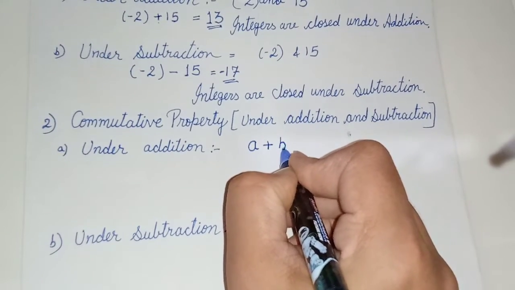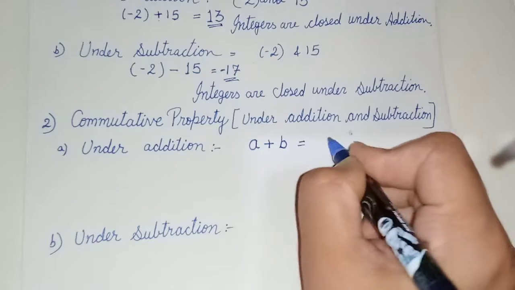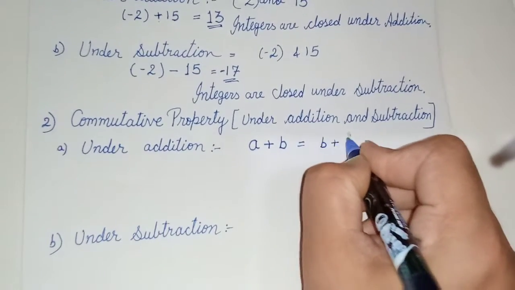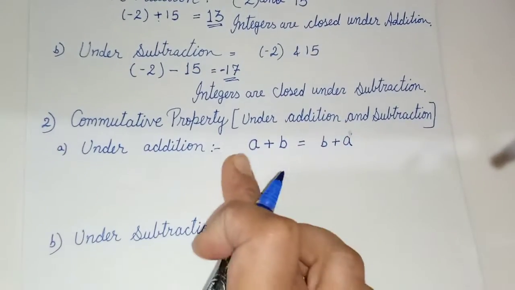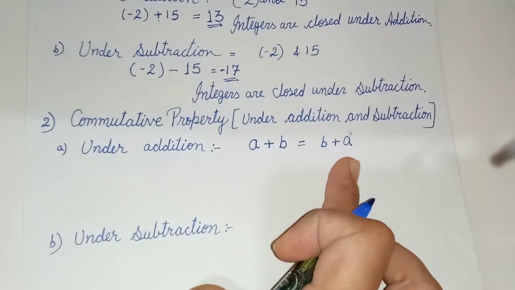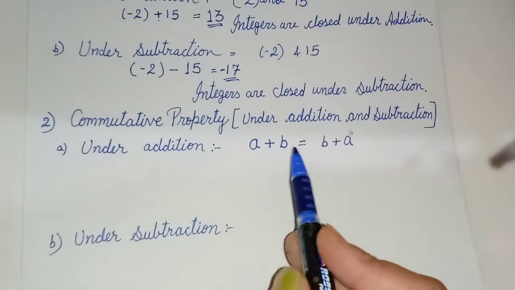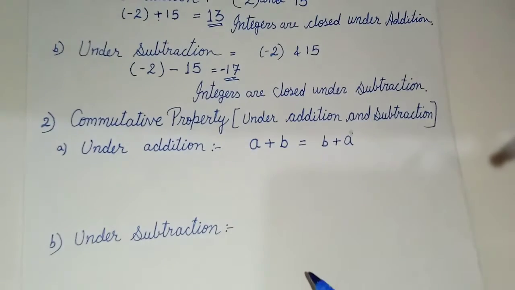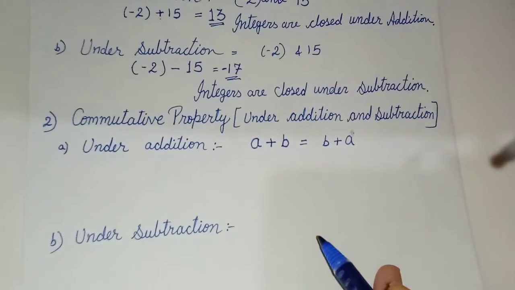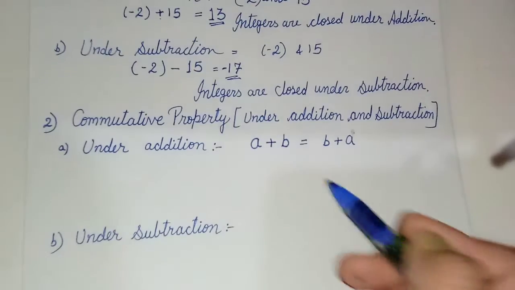So a plus b is equal to b plus a. I have changed the order of the numbers. The first number went to the second place, the second number went to the first place. If it doesn't make any change in the answer, we can say yes, the integers are commutative under addition. And the same we will check for subtraction also.